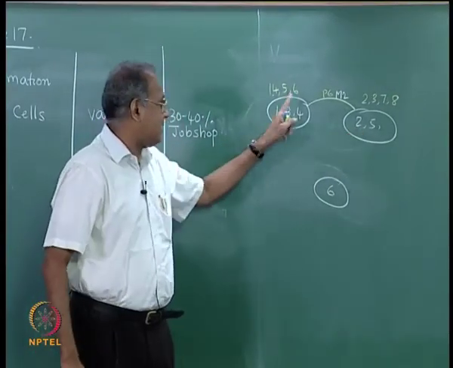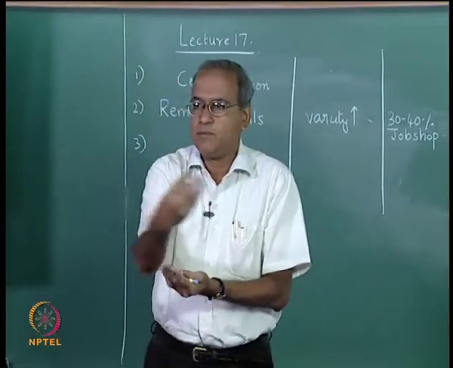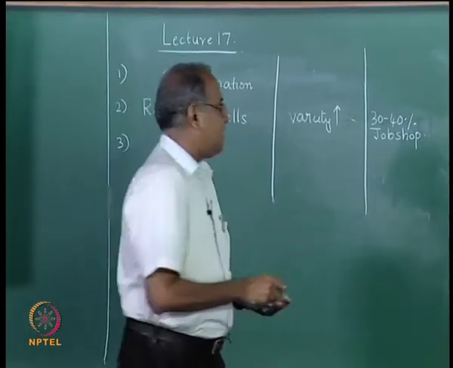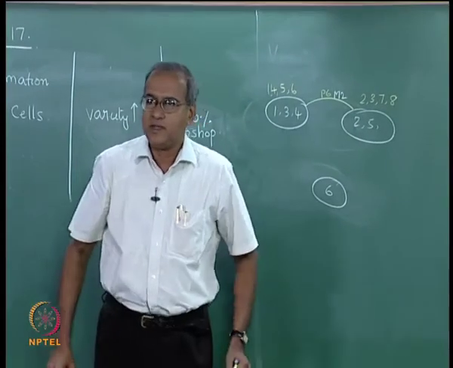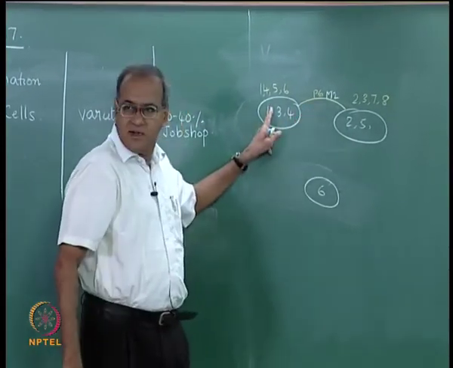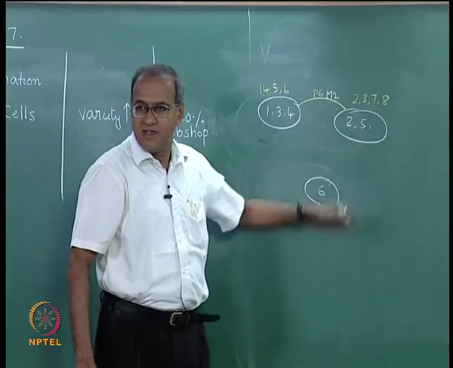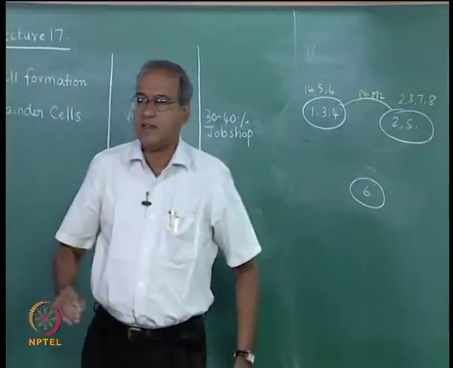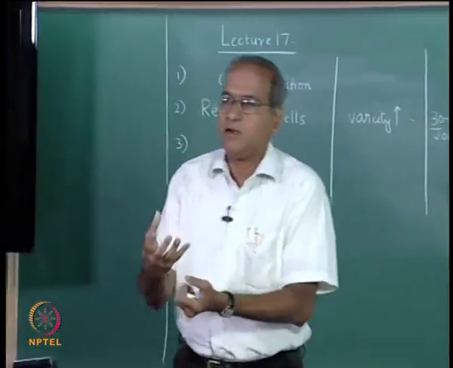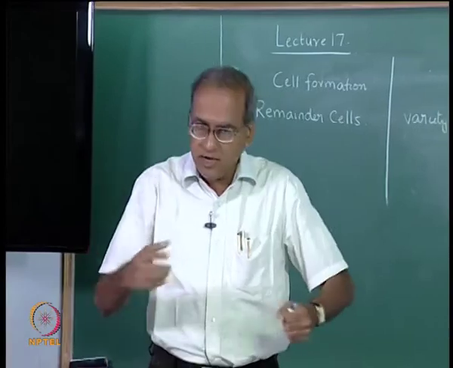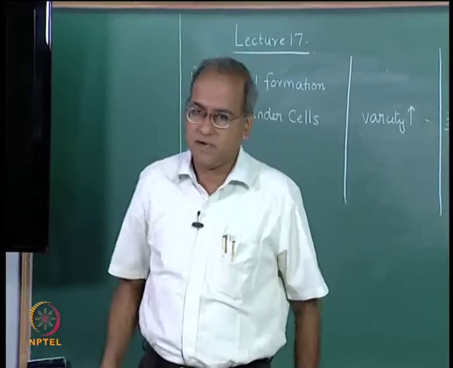Now this cell will treat this P6 as something that does not belong to my cell, but this part is coming for machining, and particularly if this cell is going to be viewed as a profit making entity, and because this part is owned by the other cell, whatever revenue or profit is generated here, let us assume, is not going to be added to this, or even that fraction is not going to be added, then this intercell move will be treated as an unwanted commitment of this cell to something else, even though in principle we should not be thinking so, since the organization in total is benefiting by it.